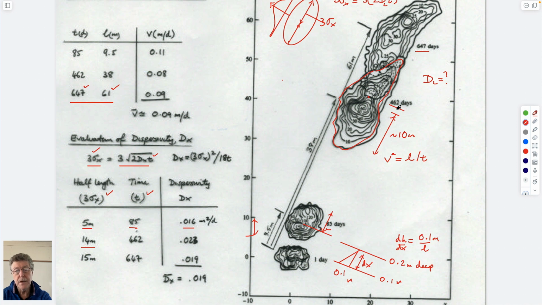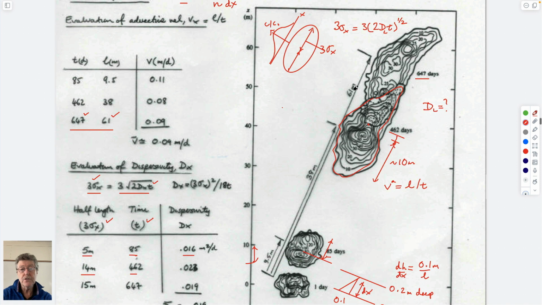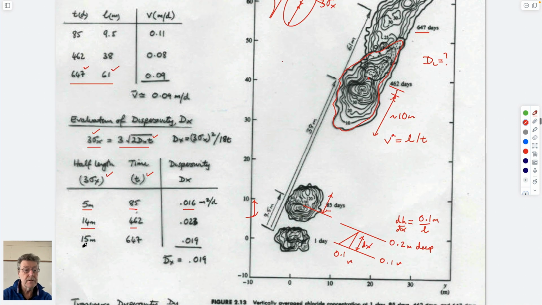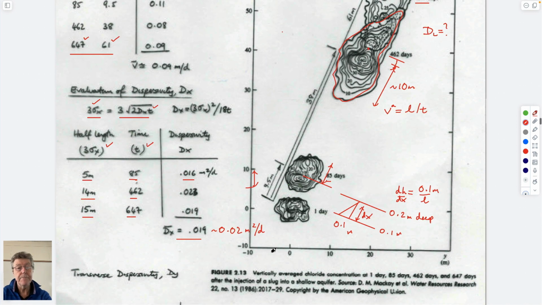It looks closer to maybe 12 meters. I'm just judging it relative to this. After 462 days we end up with a similar magnitude of dispersivity. We do it for the furthest traveling one, and the longitudinal length is 15 meters after so many days. And they average out at about 0.02 meters squared per day. Not SI units, but we can choose that.